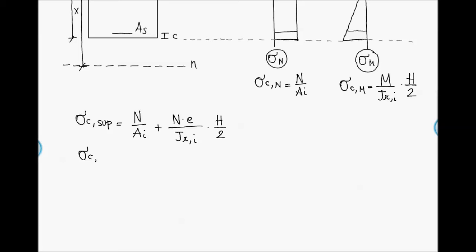Sigma C on the inferior fiber of the cross-section is equal to sigma Cn minus sigma Cm, so it is N over Ai minus M by E over Jri by H over 2.